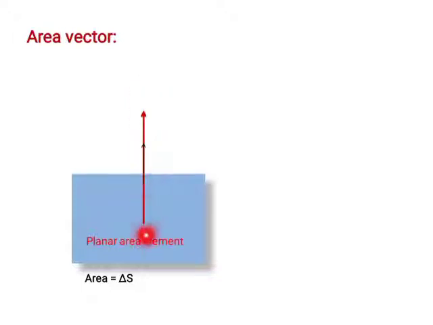Normal means a perpendicular line drawn to the particular area element or surface to understand the direction of that surface. Usually it is denoted by n cap. N cap is a unit vector, its value is 1. It shows the direction of this particular surface.